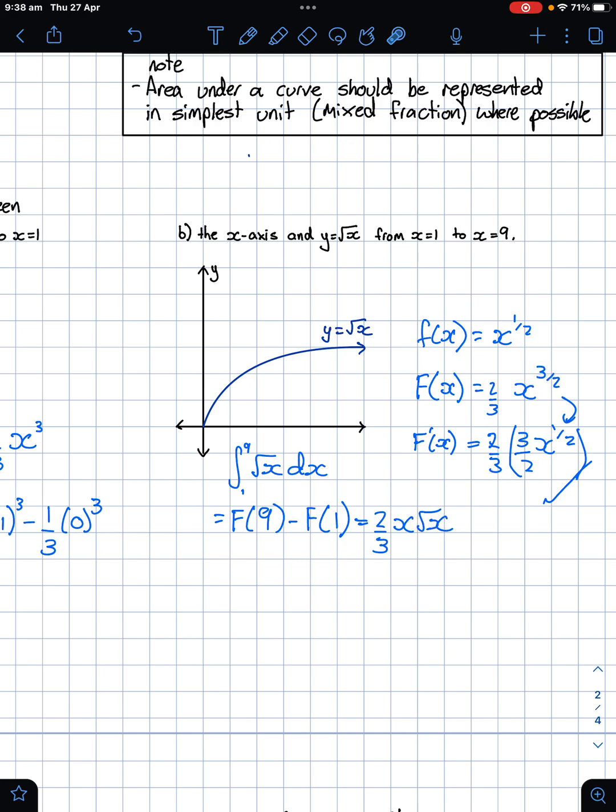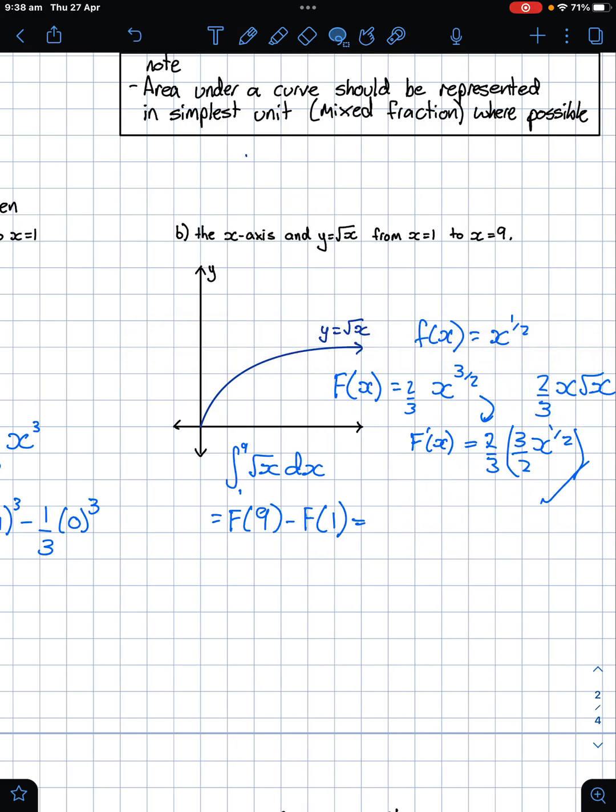That's what it looks like in this power. Let me just rearrange this a little bit for us, since I've run out of room. Okay, and then that would be 9, and that would be 1.